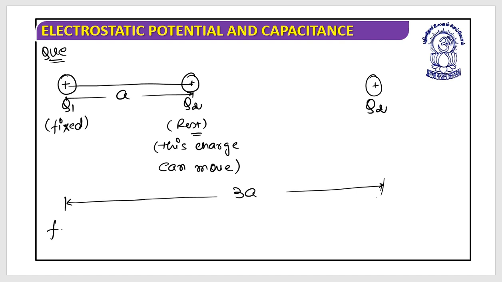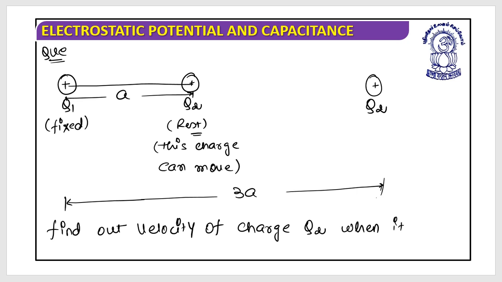So what they ask is that at this position q2 should be there. They ask to find the velocity of charge q2 when it is at a separation of 3a from q1.